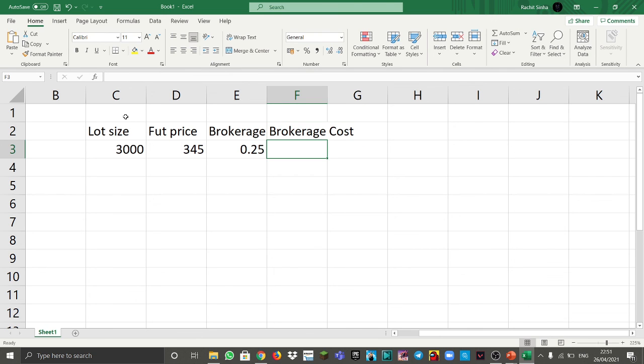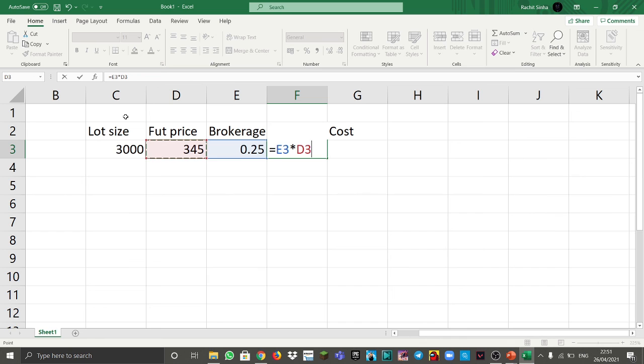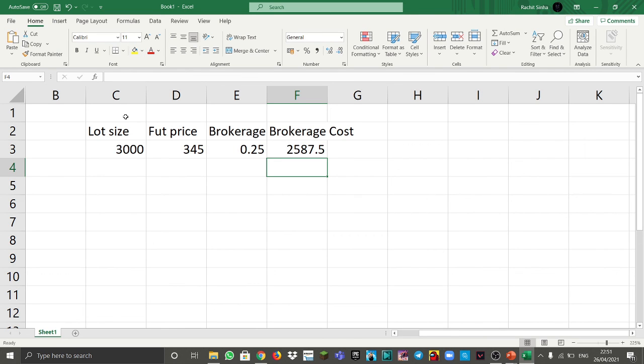What is the brokerage cost that you would be paying? You would be paying 2,587 rupees. So this much amount.